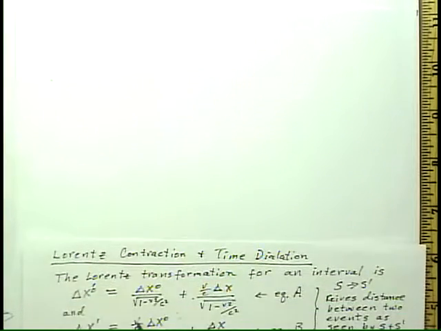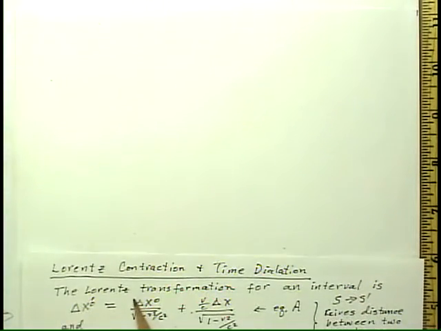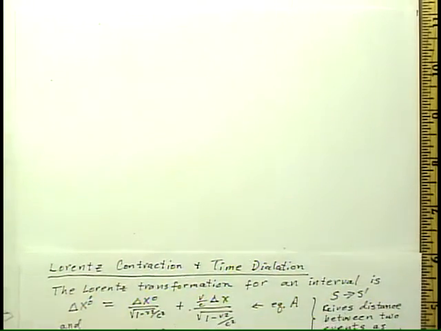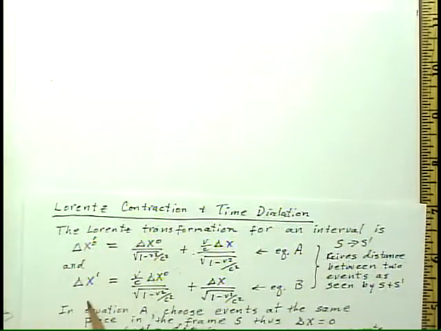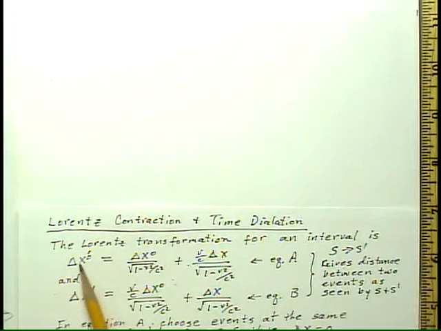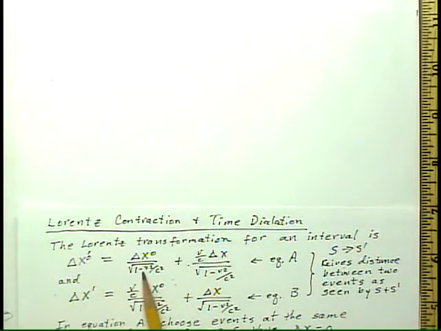We now want to look at two interesting aspects that arise in relativity: the Lorentz contraction and time dilation. The Lorentz contraction for an interval is defined in the following way. Let's look at the primed frame for the Lorentz transformation versus the unprimed frame using the more normal notation, where we use the square root of 1 minus v squared over c squared in the denominator, and this format right here.